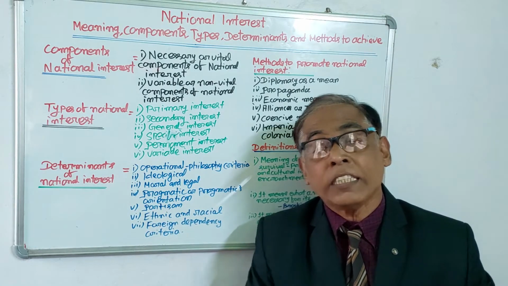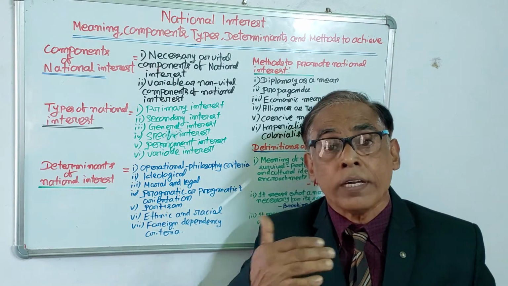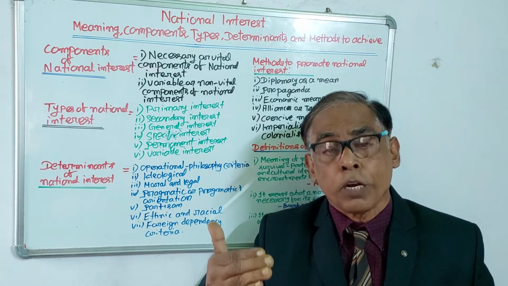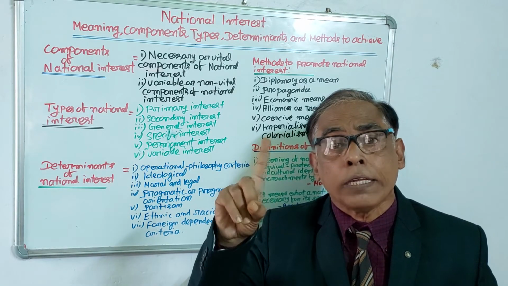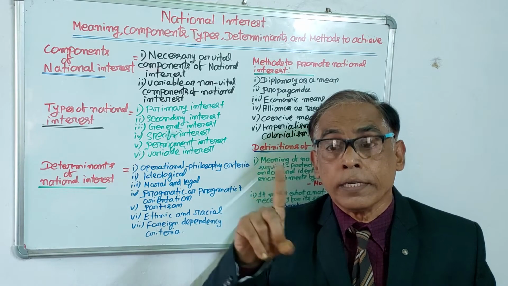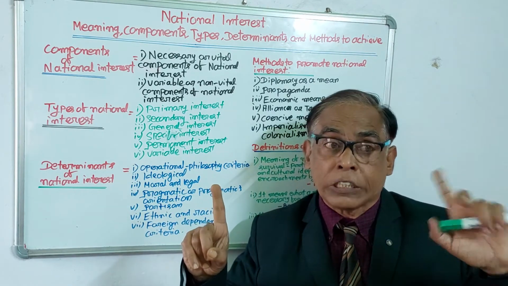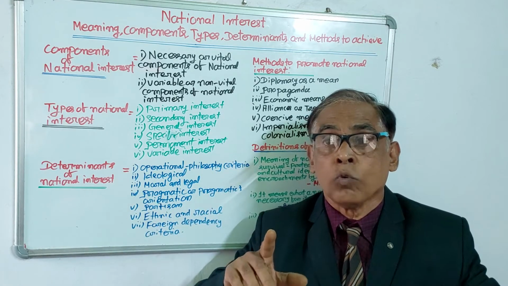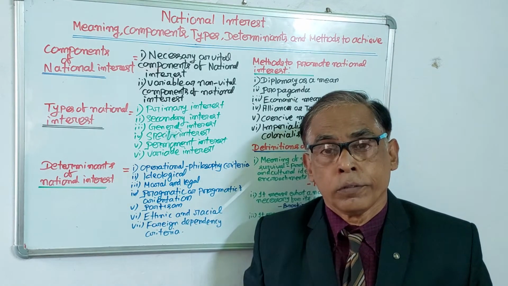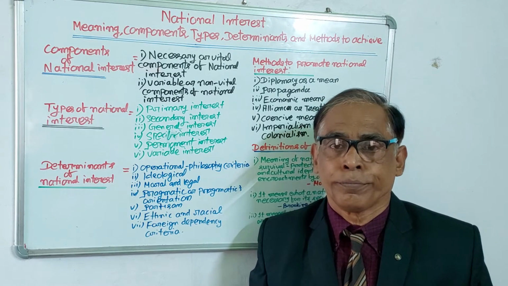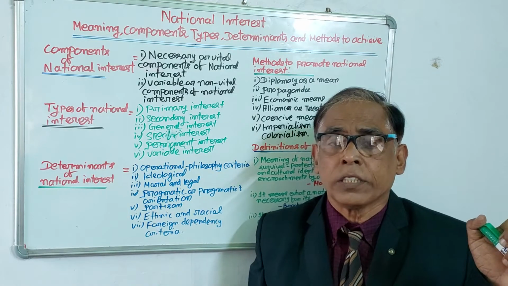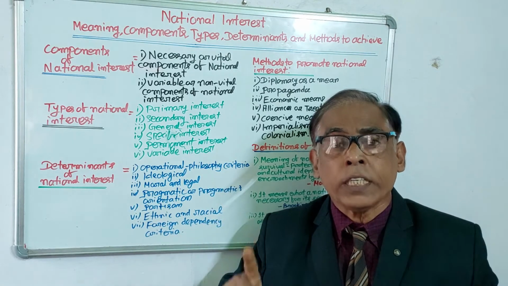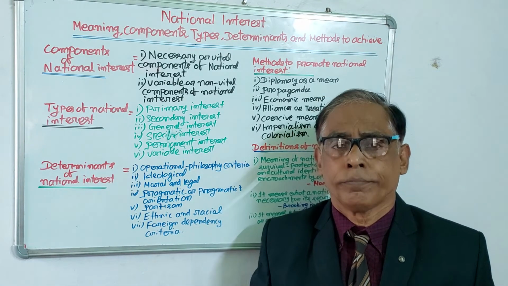Pragmatic orientation means whenever a country prepares its foreign policy to secure the national interest, it must not see what is good and what is bad. It will think what is just. It will not see the negative sides and positive sides. It will see what is good.